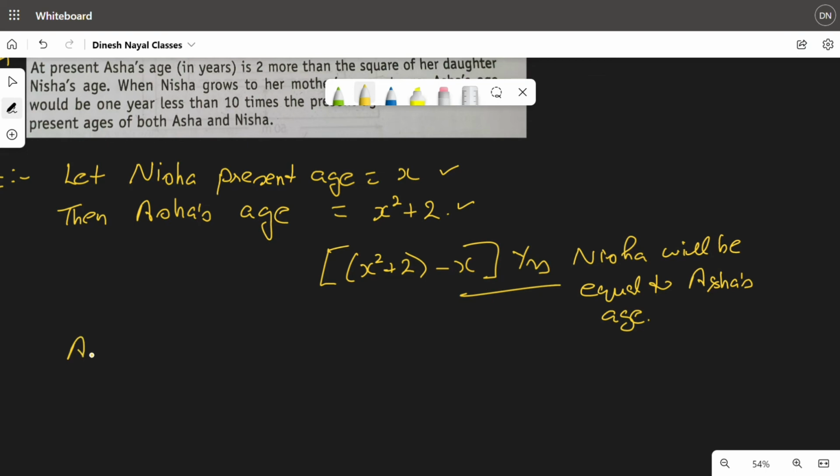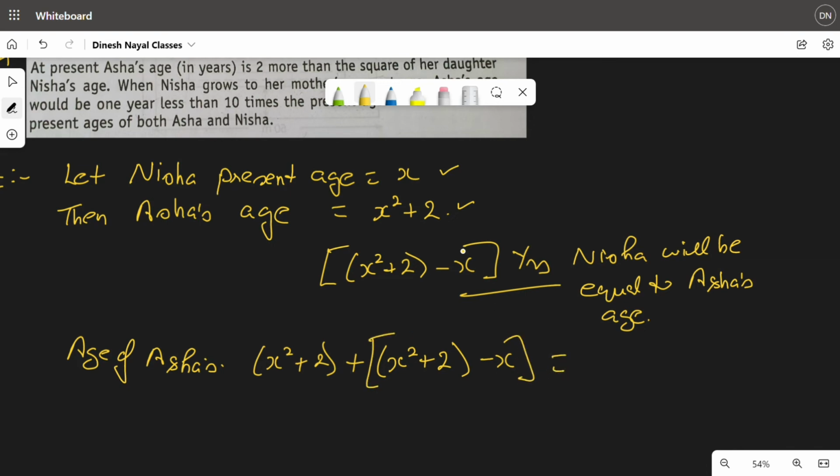The age of Asha is already x square plus 2, plus this number of years, x square plus 2 minus x, the number of years in which Nisha will be equal to Asha's age.